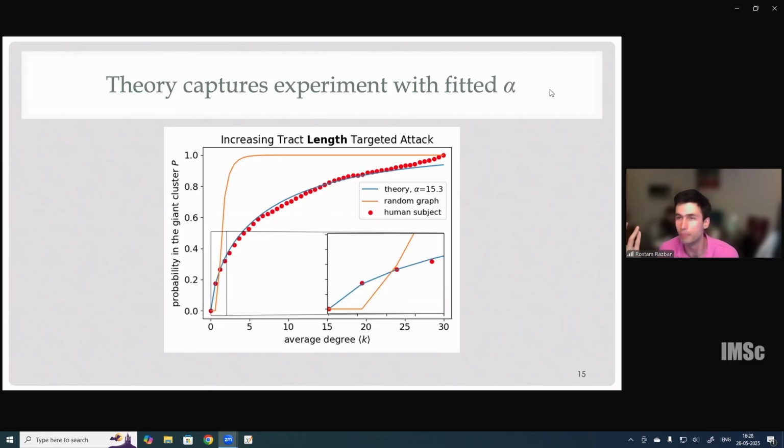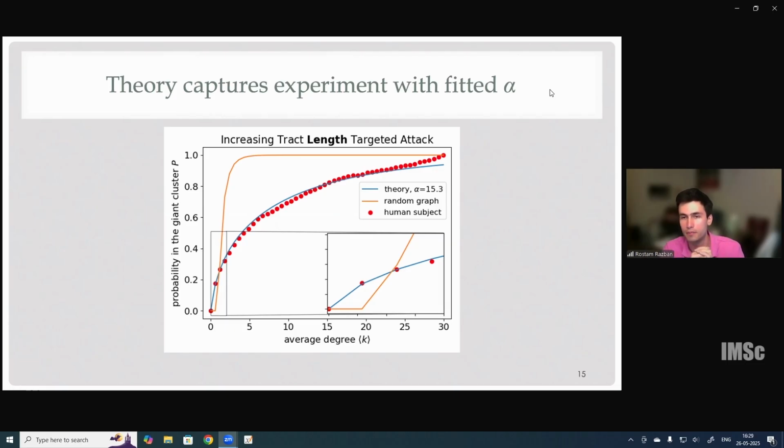So is it possible to fit to the experimental data? And the answer is yes. So our equation is qualitatively able to capture what's going on. If it was qualitatively off, no matter any alpha we choose, we wouldn't be able to get it. But just like the huge shortcoming that random graphs had in not being able to explain the early region, our theory, this giant cluster theory, is able to start off growing the percolation, the probability of being in the giant cluster from the onset.